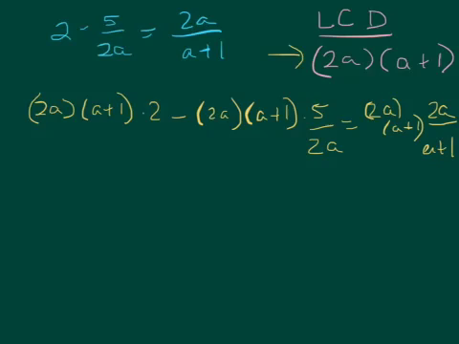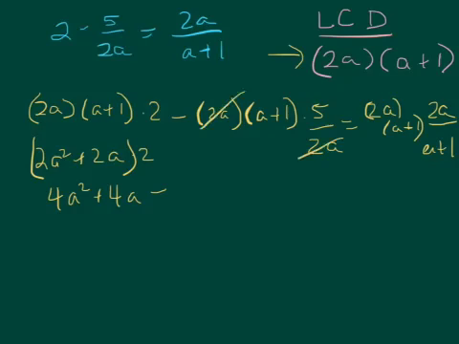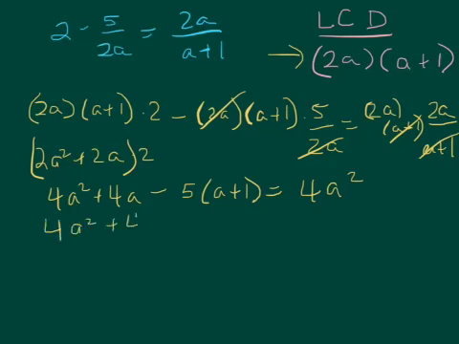Okay, so I've got 2a squared plus 2a, nothing to simplify here, times 2, or 4a squared plus 4a, minus, this is going to cancel, 5 times a plus 1, and here we're canceling out this a plus 1, so we're going to get 4a squared. Sorry, this is so messy. So we're going to have 4a squared plus 4a minus 5a minus 5 equals 4a squared.